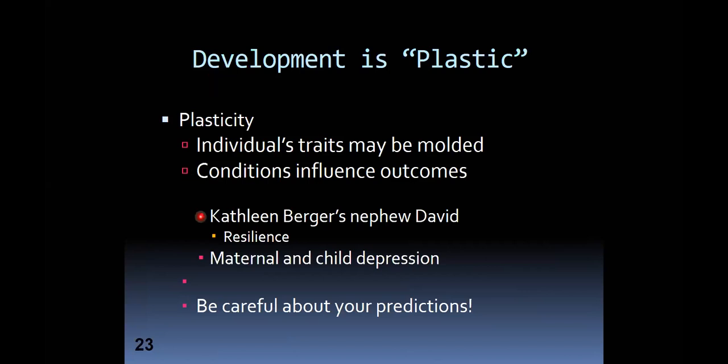Key example, you read in your textbook, I think it's actually not till chapter 2, but you'll read about Kathleen Berger, the author's nephew David. Now, David was born with many physical challenges. He had serious eye problems, heart problems, some physical deformities in his limbs, and a bunch of other things.